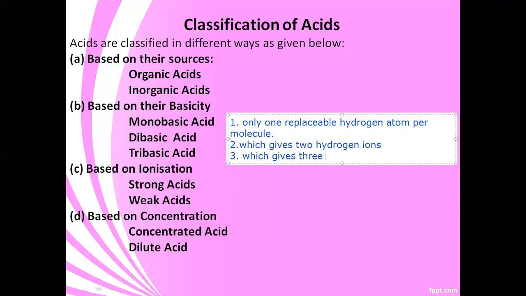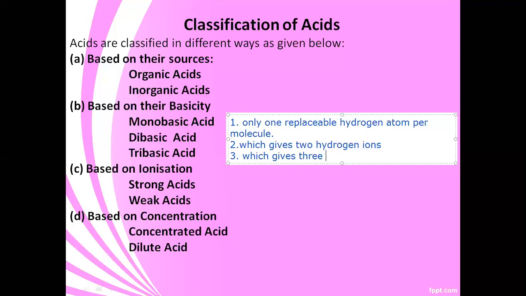What is an example of tribasic acid? Phosphoric acid, because it gives 3 hydrogen ions. So it is an example of tribasic acid. So the acid is classified by basicity into monobasic acid, dibasic acid and tribasic acid.